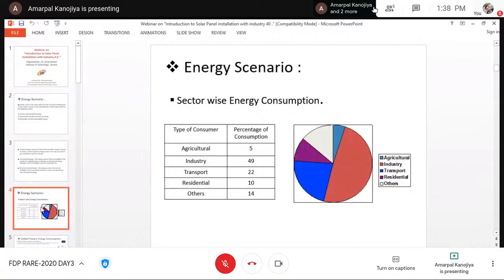We are using approximately 5% of our total consumed energy for agriculture, 49 percent for industry, 22 percent for transportation, 10% for residential, and 14% for other.